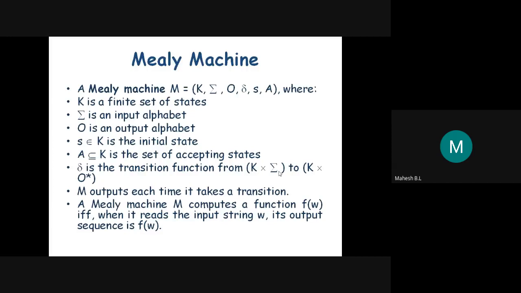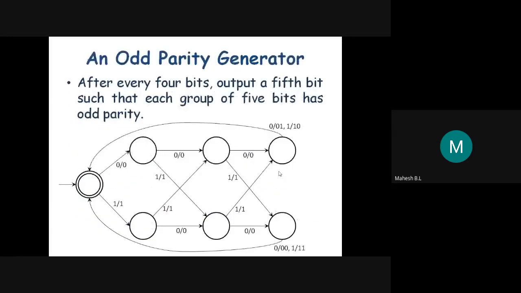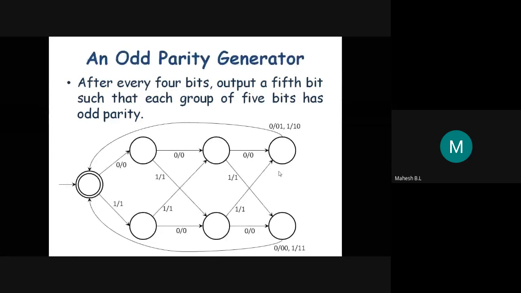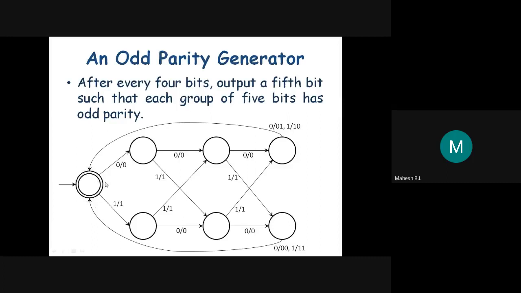Let's see one example. Odd parity generator. That is, after every 4 bits, it outputs a 5th bit such that each group of 5 bits has odd parity. So here, this is the initial state as well as accepting state, double circle.